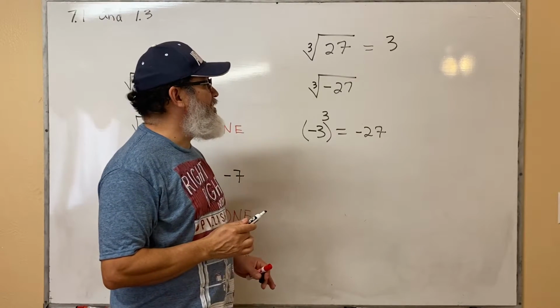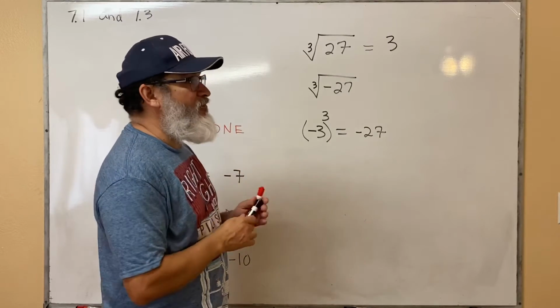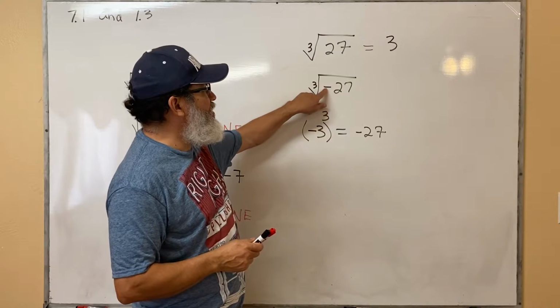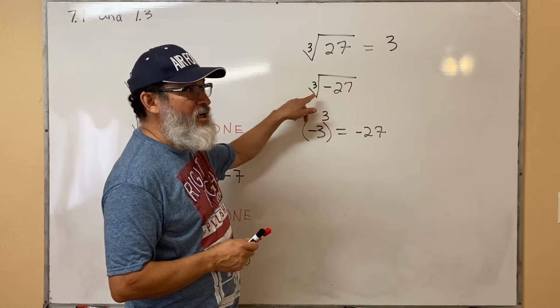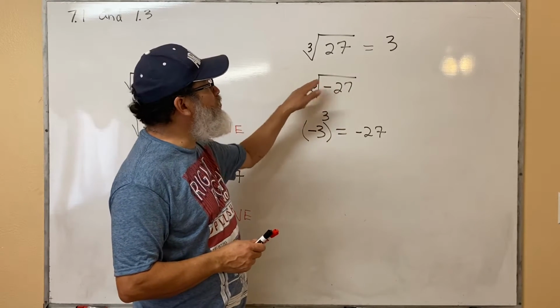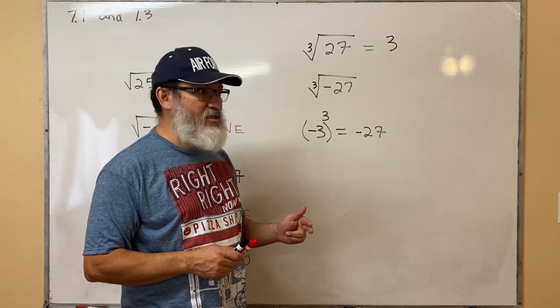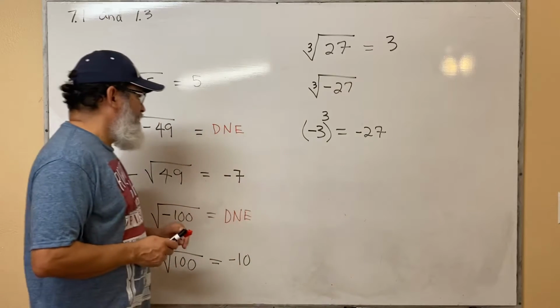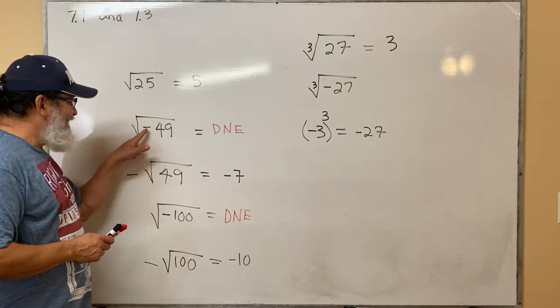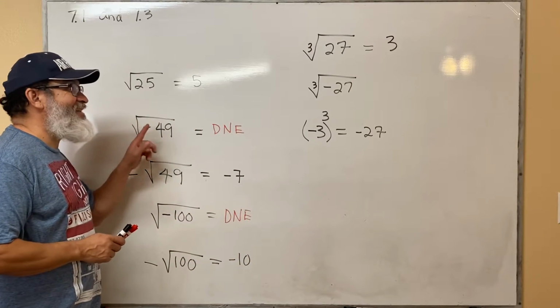Wait a minute. If the negative is under the cube root, that does exist. Yes, it does. If a negative is under the square root, that does not exist.